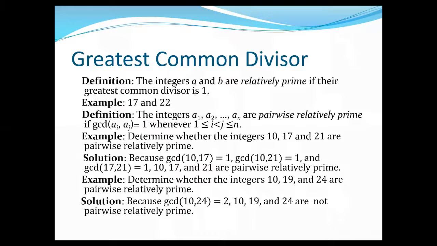Since it's not 1, automatically we don't need to test the other pairs, since the first pair failed. So we don't need to proceed to the next step of our solution, and we can conclude that 10, 19, and 24 are not pairwise relative prime, because the GCD of 10 and 24 is 2.